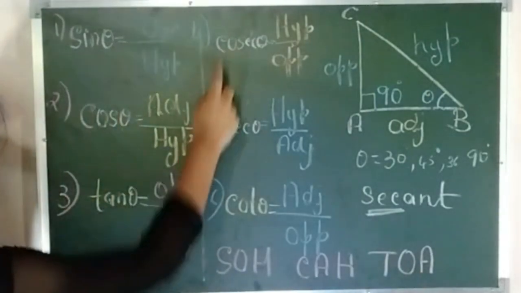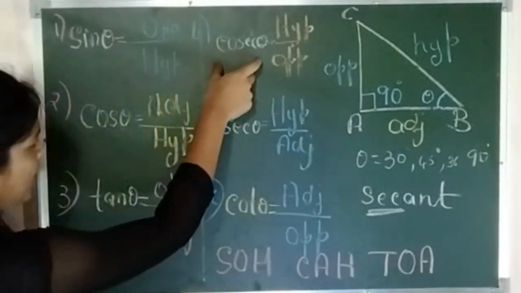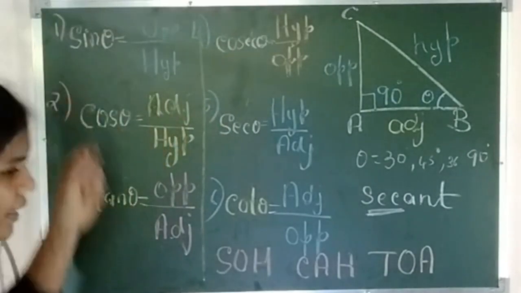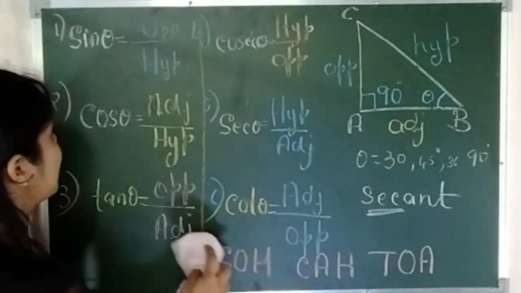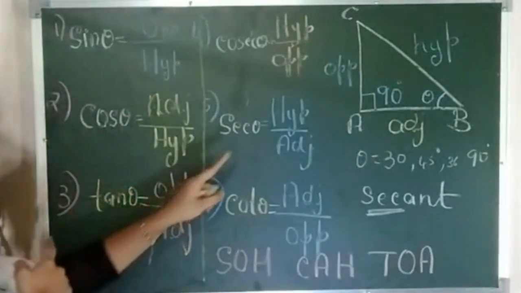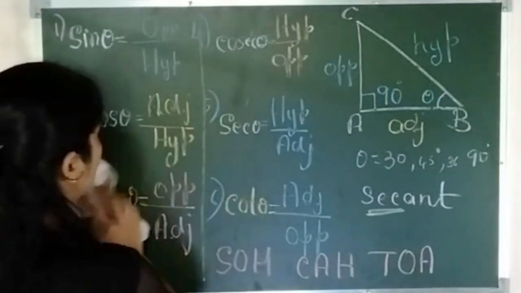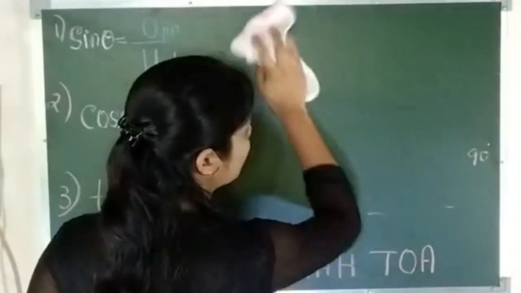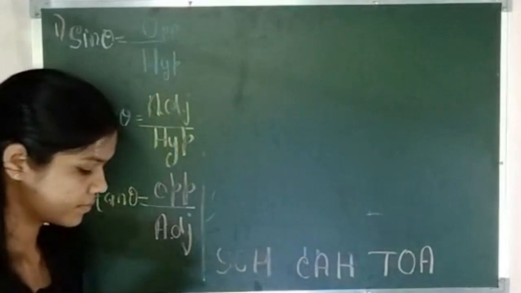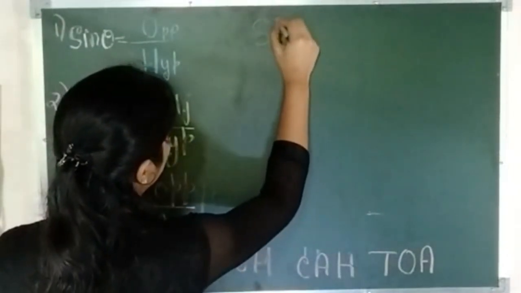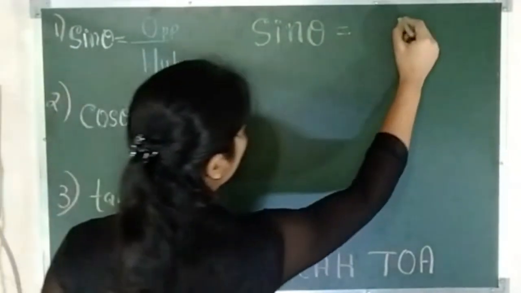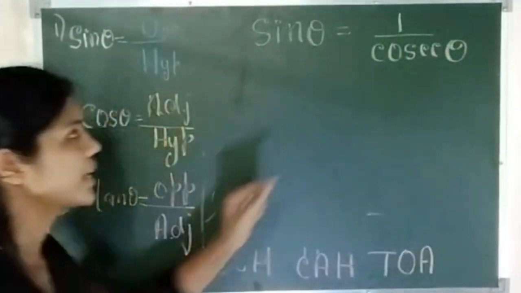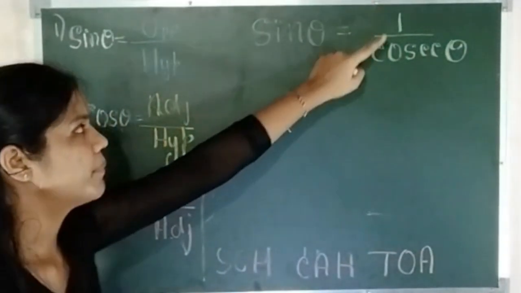In order to remember the rest, we should know that sine and cosecant are reciprocals of each other. So we can derive the formulas for sine as well as cosecant, cos and secant, tan and cot. Sine theta is equal to 1 by cosecant theta, or cosecant theta is equal to 1 by sine theta.